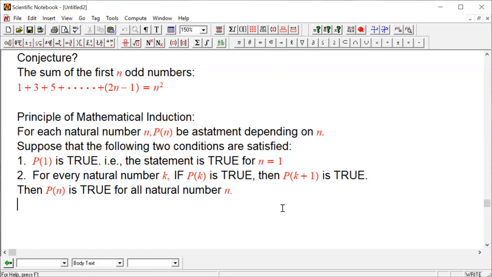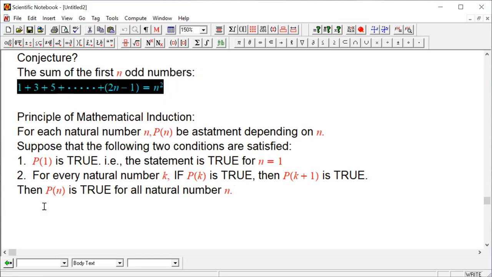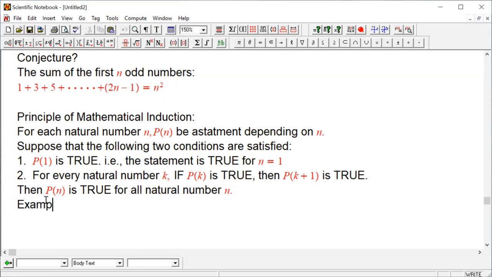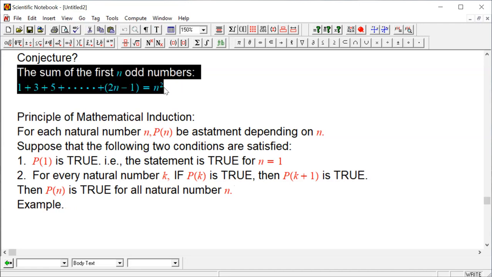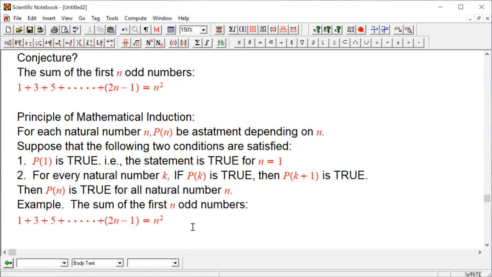Okay, so let's explain this. For example, our first conjecture: our conjecture is that the sum of the first n odd numbers is going to be n squared. This is the statement.